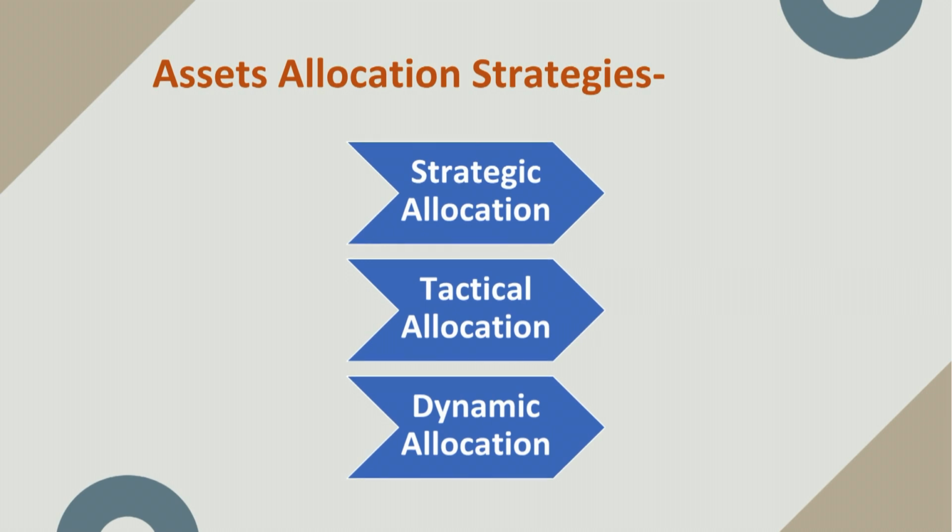This strategy is also based on market opportunities. Third is dynamic allocation. In dynamic allocation, portfolios are built by allocating to an asset mix that seeks to provide the optimal balance between expected risk and return for a long-term investment horizon.